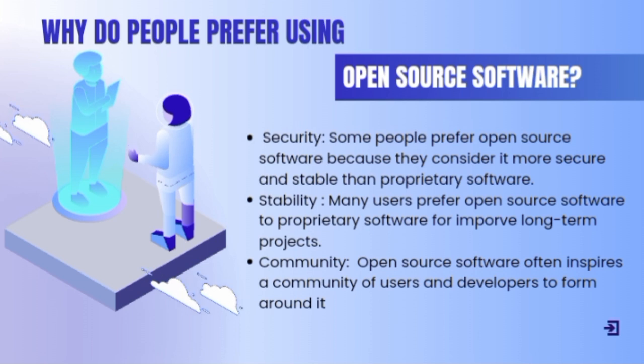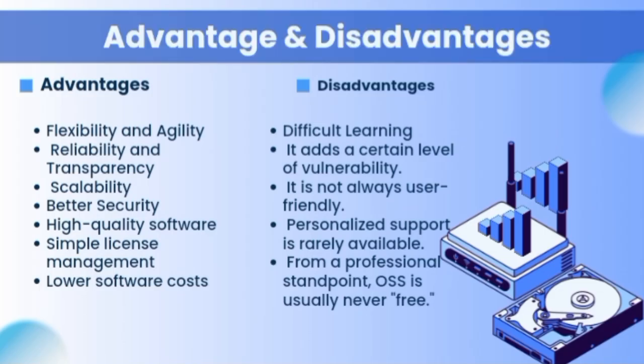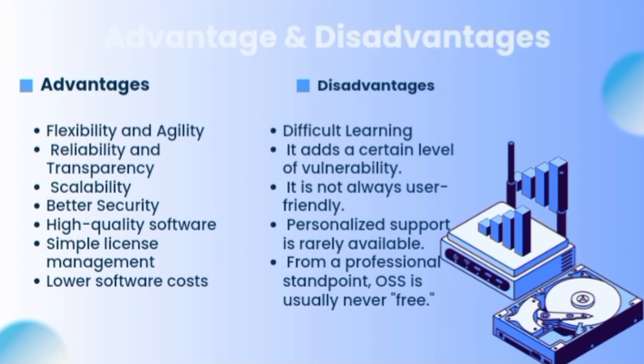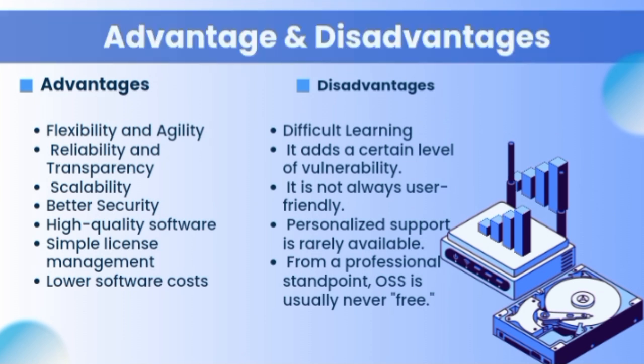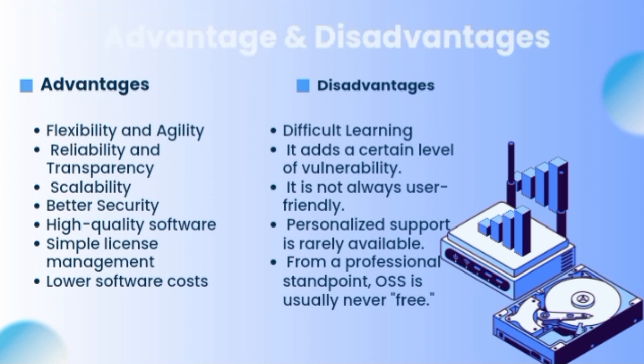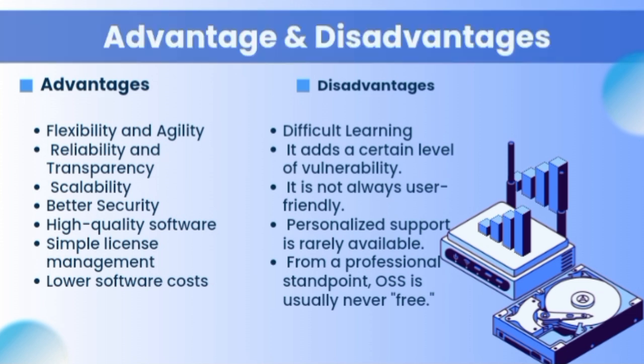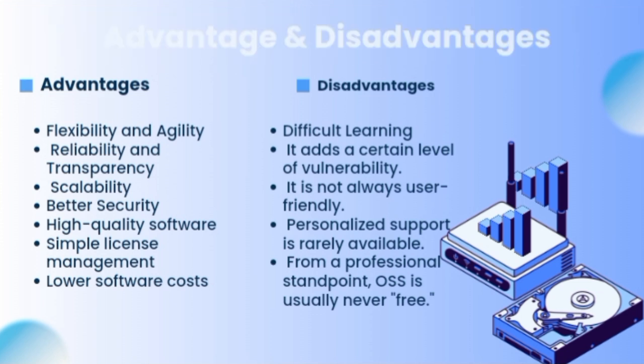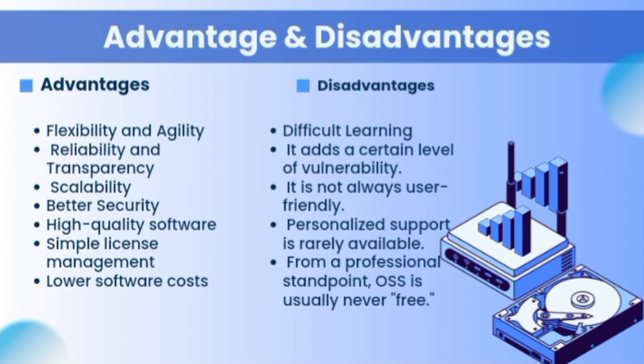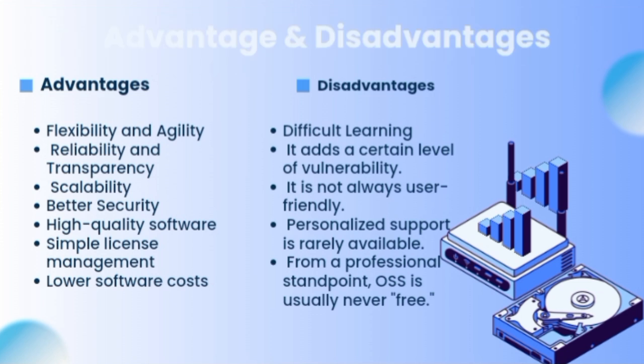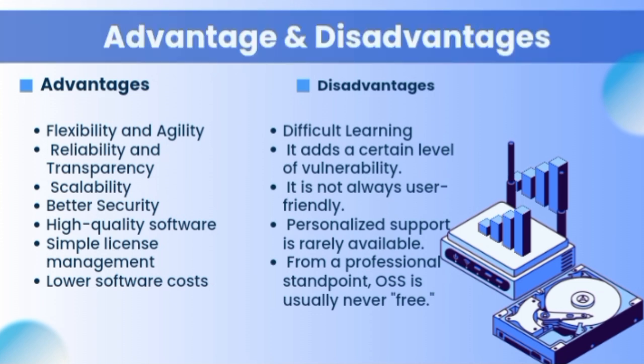So there are some advantages and disadvantages of open source. Open source offers flexibility and agility, allowing users to customize software for their needs. It is reliable and transparent since anyone can inspect the source code for issues. Open source is scalable, meaning it works well for both small and large scale projects.